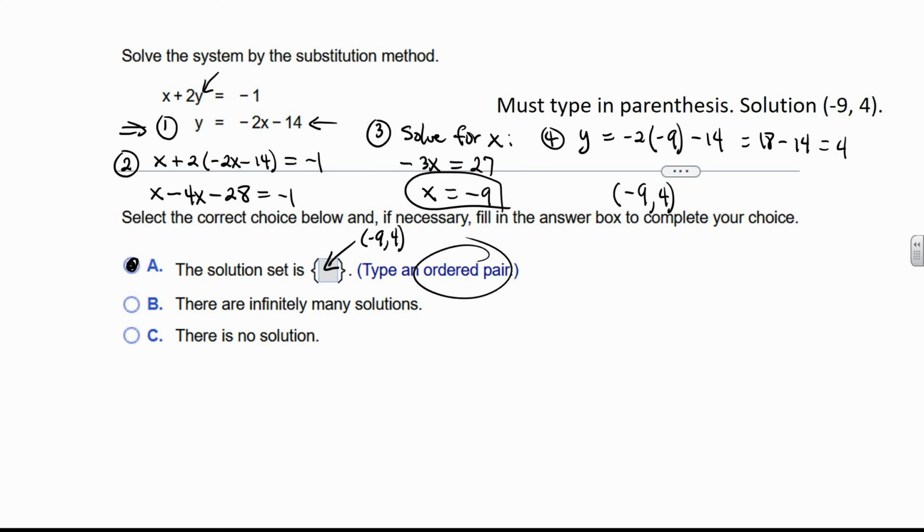And so then I typed it back in again, -9 comma 4. It said, you're wrong. I said, I'm not wrong. I know I'm right. So, I had a verbal dispute with my computer in my math lab. And so something said, well, just put parentheses around -9 comma 4. And then it said, excellent, great job. I was like, shut up. So, you must type in parentheses.